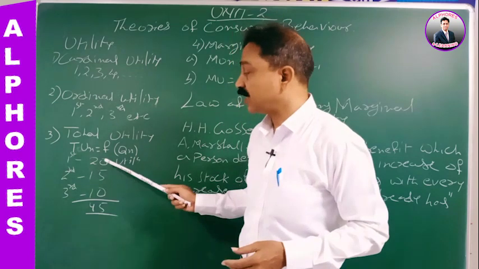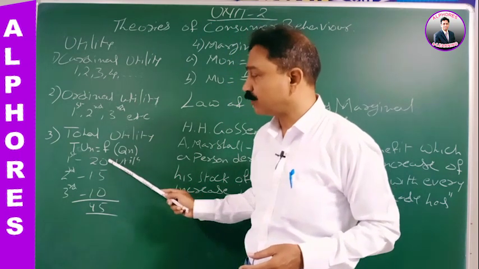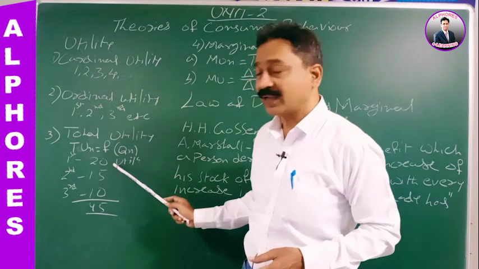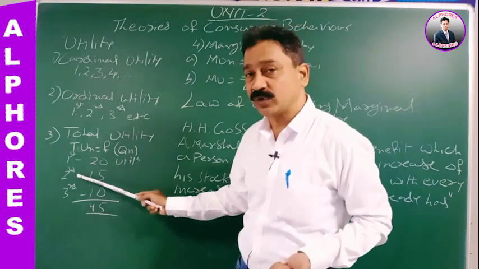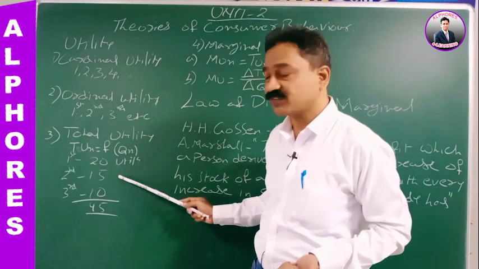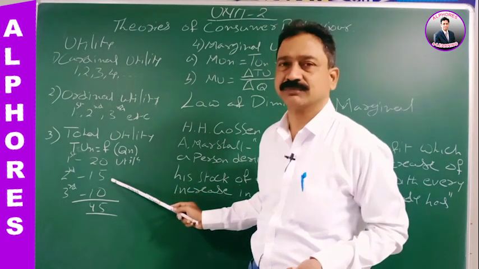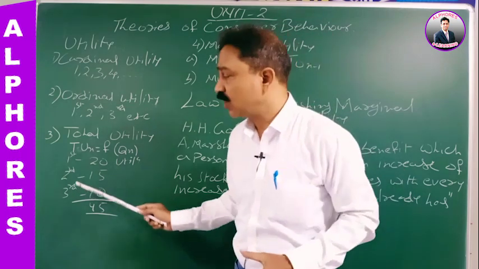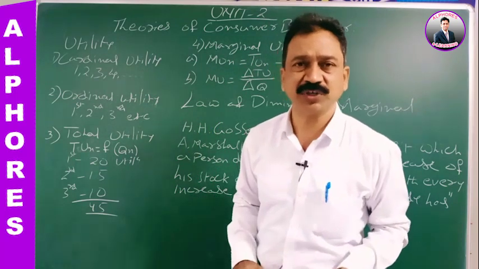See, already you purchased one jeans. You got 20 utils of utility. Then immediately if you purchase another jeans, the second one is also going to get you some utility, satisfaction. But the satisfaction generally decreases. We will discuss this in the next topic, that is the law of diminishing marginal utility.